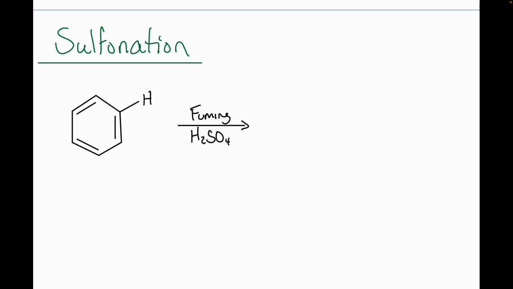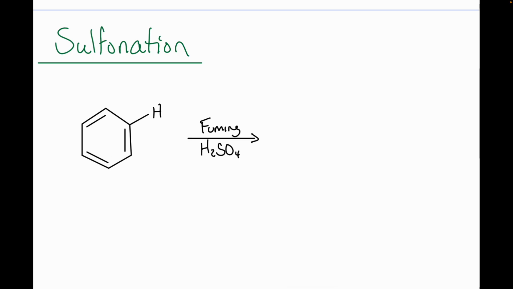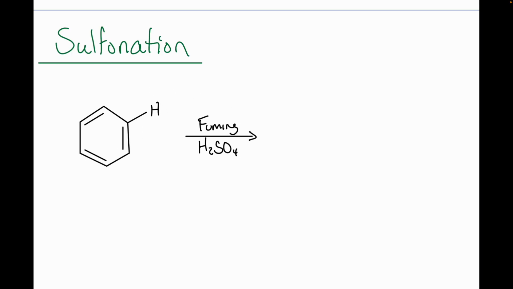We always include the fuming to remind ourselves that we have these specific conditions where we have to keep our acid very hot so it reacts with itself to form our catalyst, or rather our electrophilic species. And we get that sulfonic acid group, SO3H.